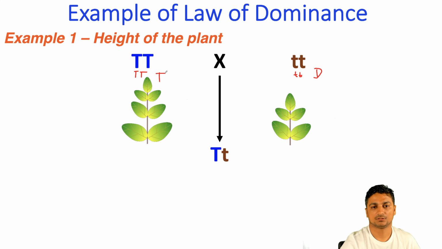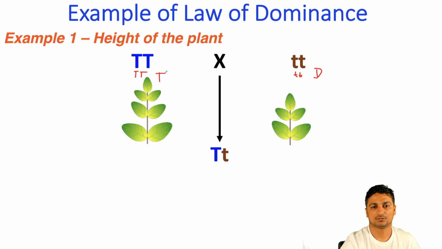So if we cross these two plants, then one allele from the tall plant and one allele from the dwarf plant will be shown in the hybrid. And when these two alleles form a trait, one of the traits is going to show the dominance effect on the other trait. So only the tall phenotype will be seen.